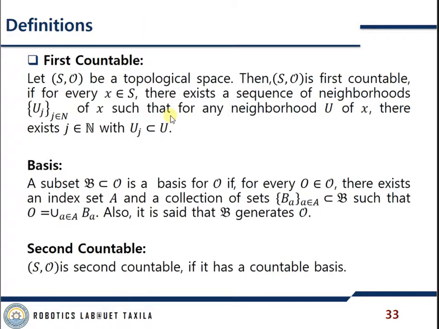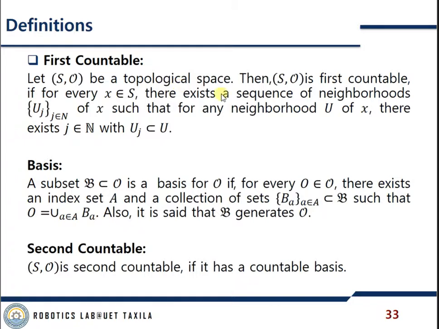And then I want to describe first countable. Let (S, O) be a topological space. Then (S, O) is first countable if for every x that belongs to S, there exists a sequence of neighborhoods u_j of x, j belonging to the natural numbers, such that for any neighborhood u of x, there exists j belonging to the natural numbers with u_j a subset of u.